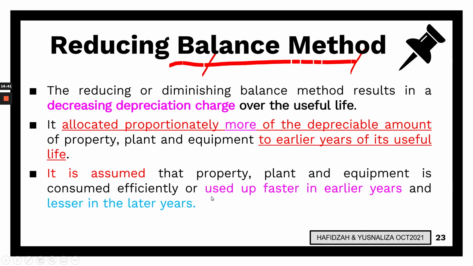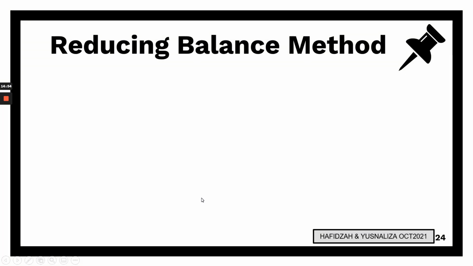Over the estimated useful life, you assume that the asset, maybe the machine or the motor vehicle, will be consumed or used up faster in the earlier years, and there will be less usage in the later years.